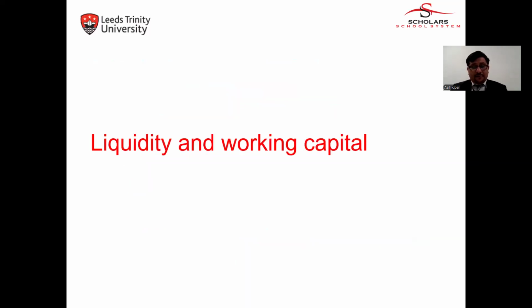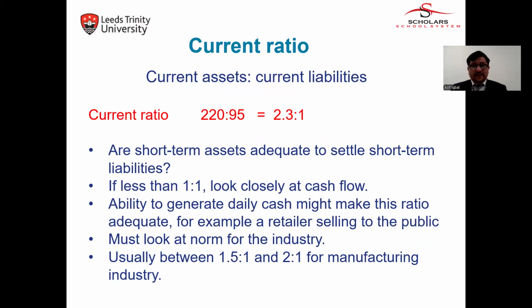Now we are moving towards liquidity and working capital ratios. The first one is the current ratio, current assets divided by current liabilities, which shows whether the company's short-term assets are enough to settle its short-term liabilities. If this ratio is less than 1, then look closely at the cash flow.